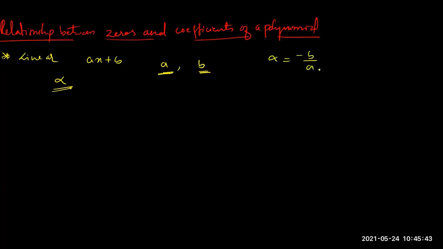Because minus b by a is nothing but the zero of the polynomial ax plus b, and it is equal to alpha, because we have considered alpha as its one zero. So that zero is minus b by a. In the given polynomial, b is the constant term.